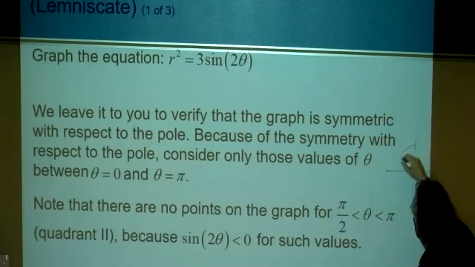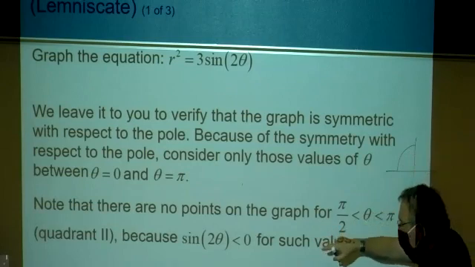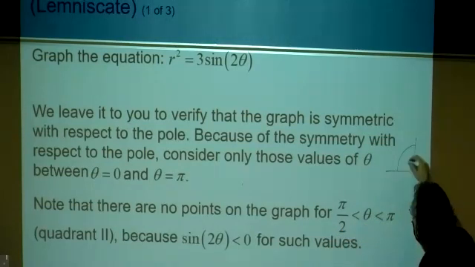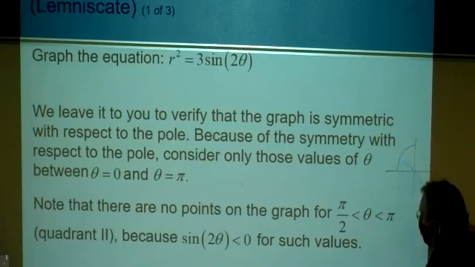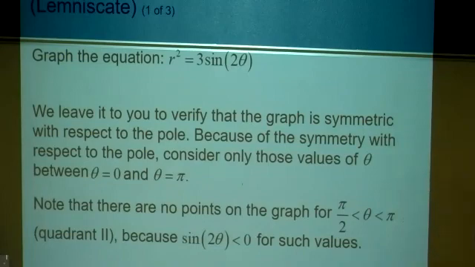This part of the graph will be vacant because 2 theta takes this angle down here and it ends up being negative. So you go along this, but it comes back down this way. So that's going to leave that empty up there. Okay, I see how that happens.